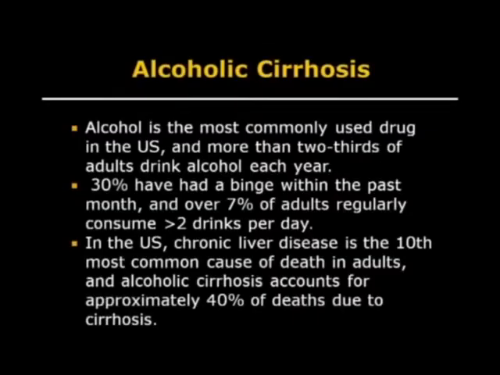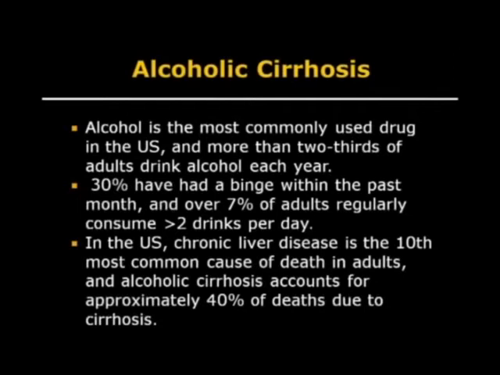Alcohol is the most commonly used drug in the US. Now they call alcohol a drug. That's what they say, okay? And more than two-thirds of adults drink alcohol each year. 30% have a binge within the past month, and over 7% of adults regularly consume greater than 2 drinks per day.